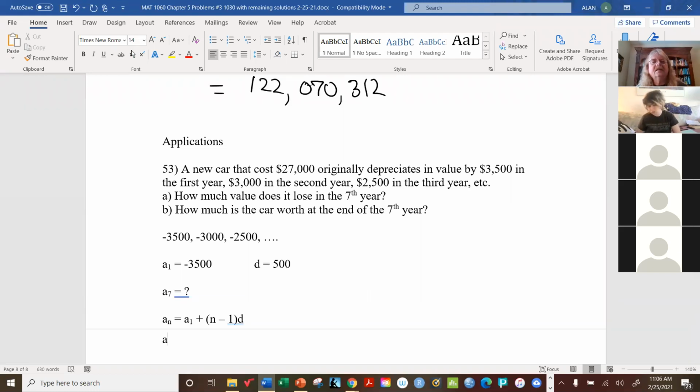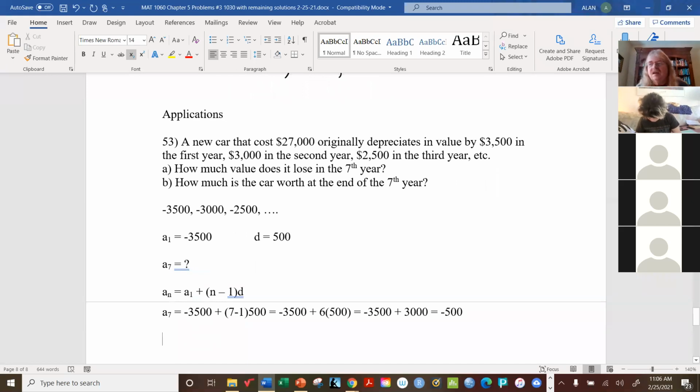So A7 in this case is negative 3,500 plus (7 minus 1) times 500. Okay, so in year 7, the total depreciation for that year will only be $500. By that time, the car's value is pretty much stabilizing. The amount that it goes down after that will be very, very minimal.